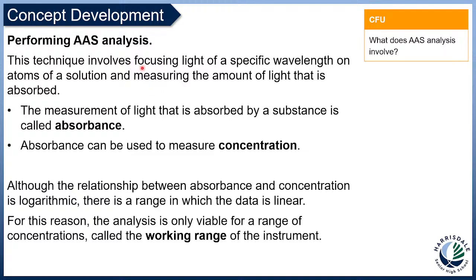So first, you're going to focus light of a very specific wavelength on atoms of a solution. So you're going to have a solution of some kind with a specific element that you are going to analyze, and you're going to shoot a specific wavelength of light that you know is going to be absorbed by that element at the solution that has been atomized.